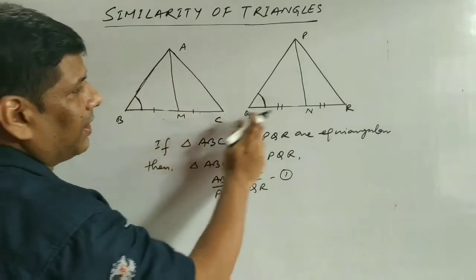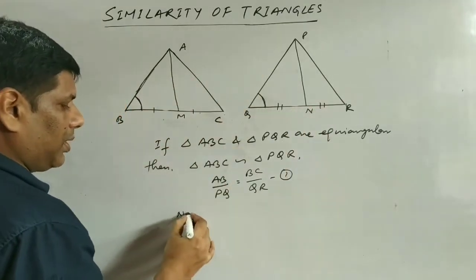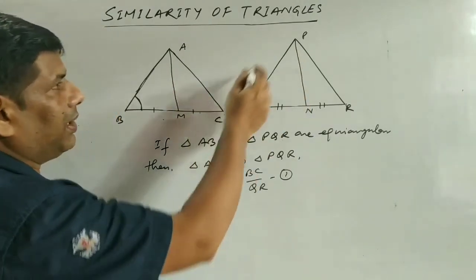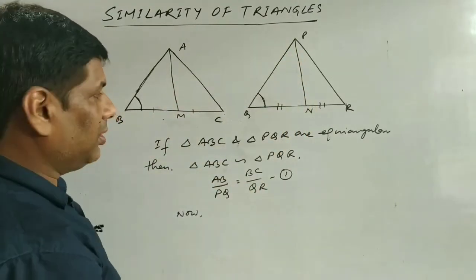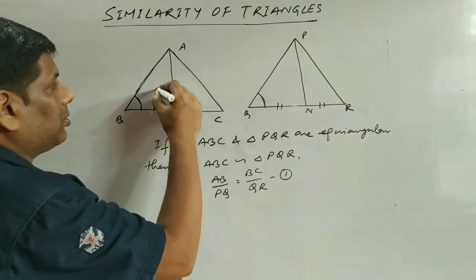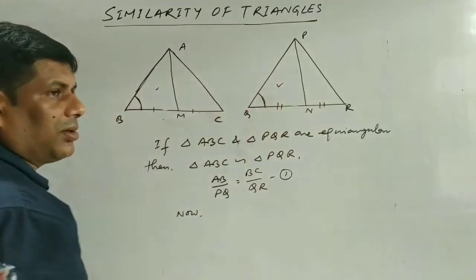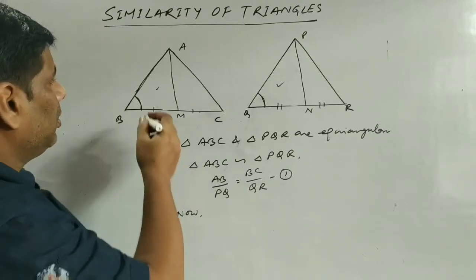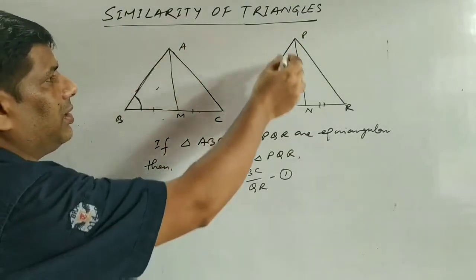Now again, if AM and PN are the medians, then can we also prove these triangles are similar? Let us see. This is the median, this is the sides.